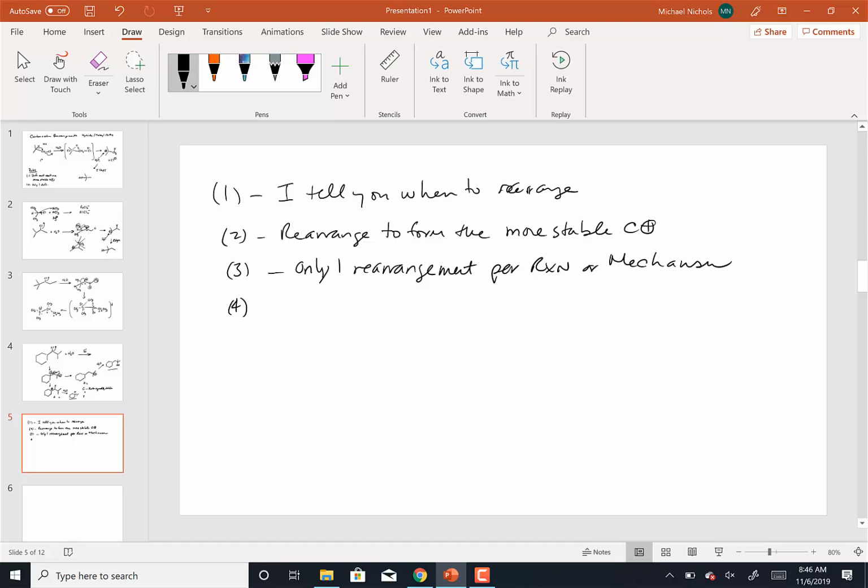Let's add a rule number 4. Primary systems, you shift and lose leaving group at the same time. No primary carbocations.